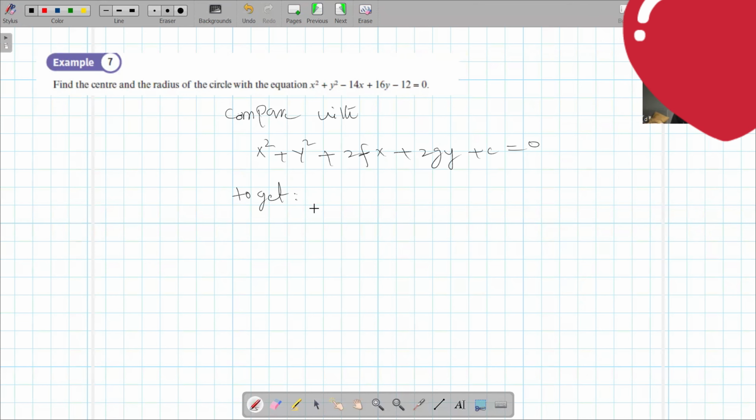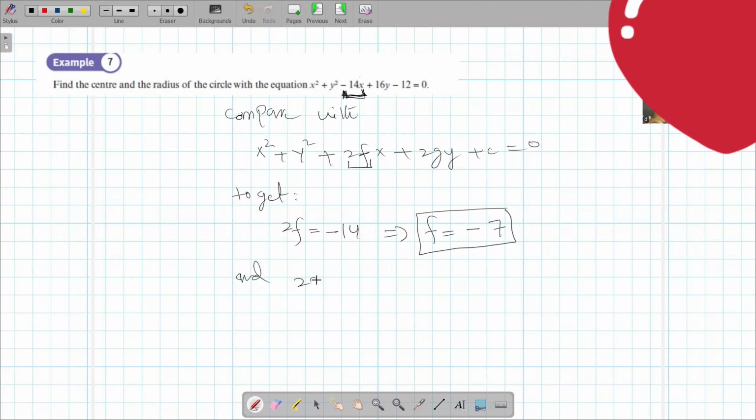Comparison will give us 2f is equal to what? 2f is the coefficient of x here. What is the coefficient of x there? Minus 14. So f is equal to negative 7.